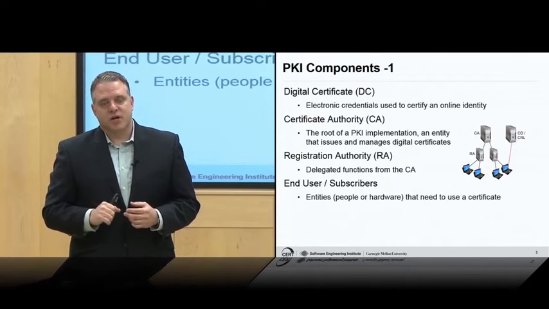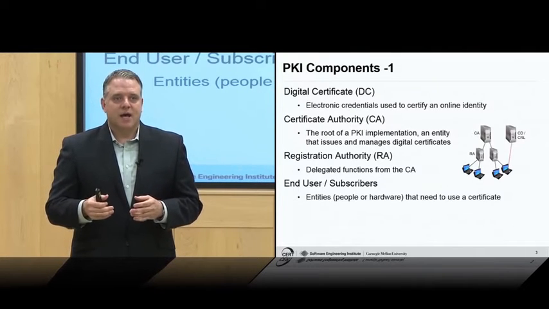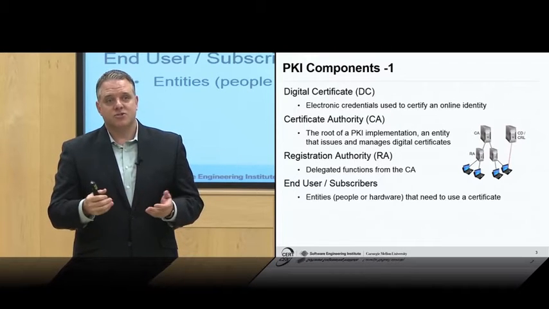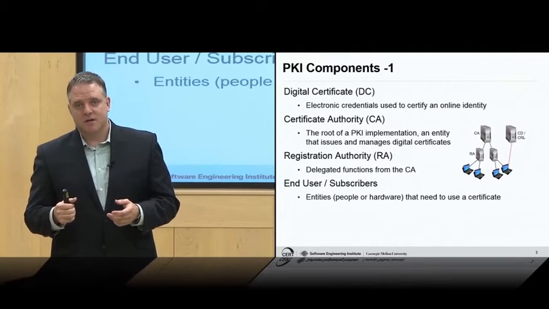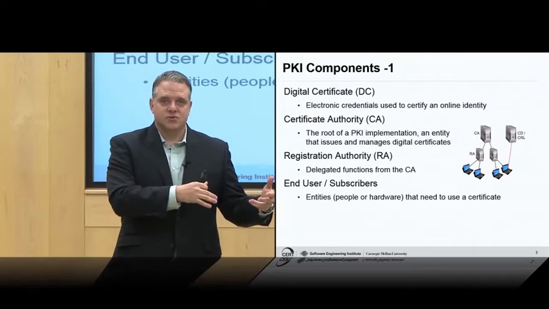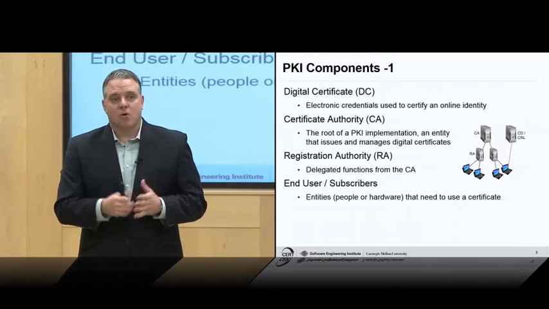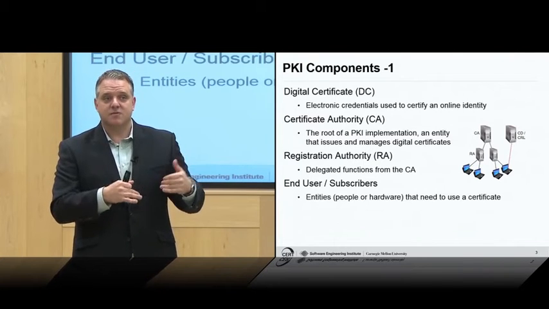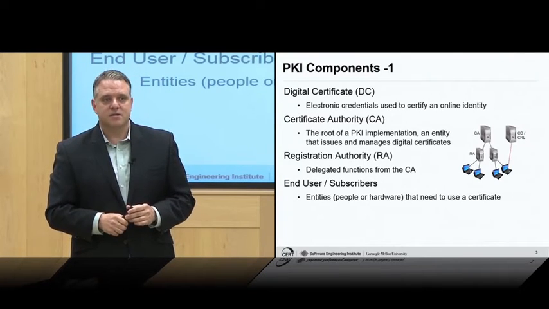There are also registration authorities, or RAs. These are usually delegated functions from the CA. Maybe they just manage digital certificates, or maybe the RA just issues digital certificates, or they could do both.